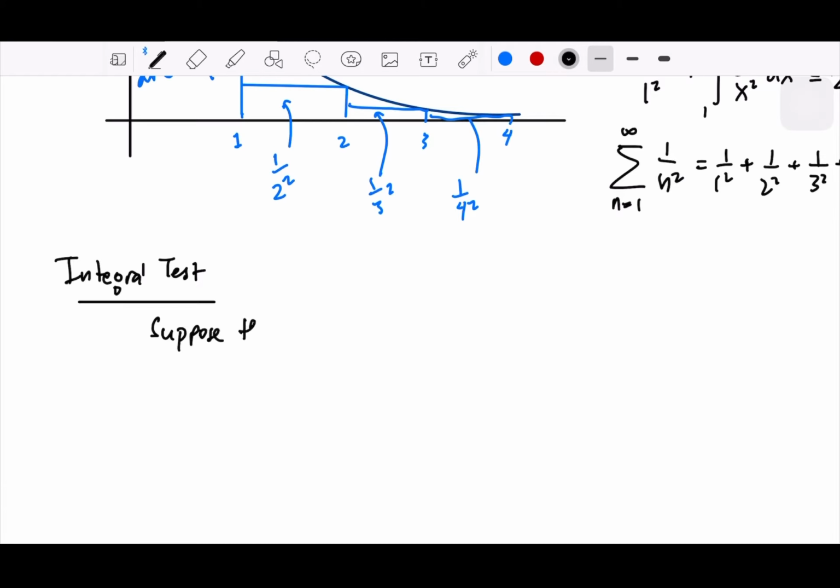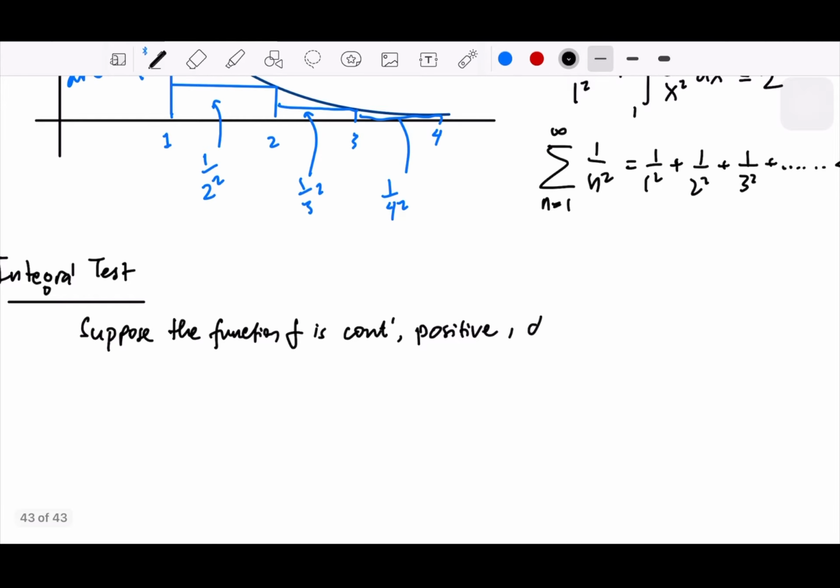Suppose the function f is continuous, positive, and decreasing on an interval, so we need to define the interval of the integration, and let the sequence be the function evaluated at the integers.